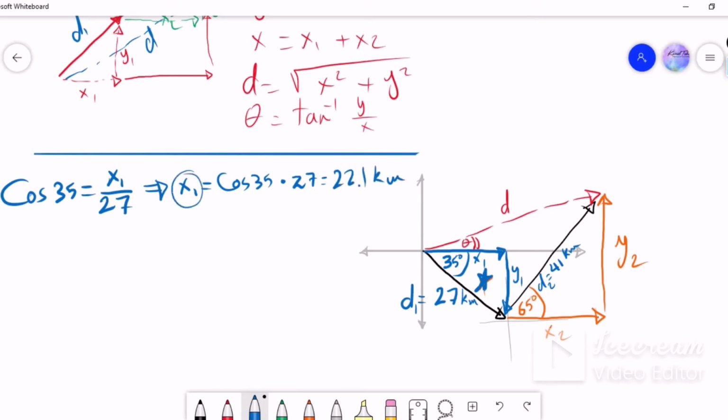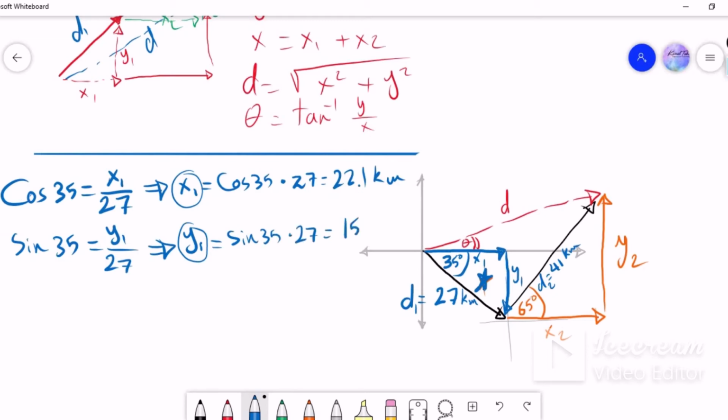That is x1. What about y1? By the same way, but we will use sine, because sine theta equals opposite divided by hypotenuse. Now y1 equals sine 35 times 27 equals 15.5 kilometers.